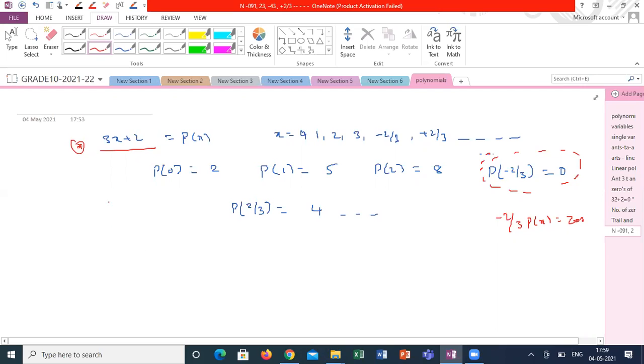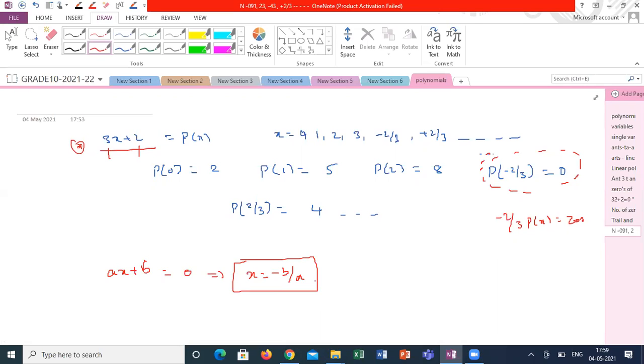How can I conclude this? If I take ax plus b, at a particular value of x I need to get 0. So I take this as 0 and x equals minus b by a. I got only one x value, not many x values. Like that, they concluded that the number of zeros of a polynomial of a single variable is related to its degree.